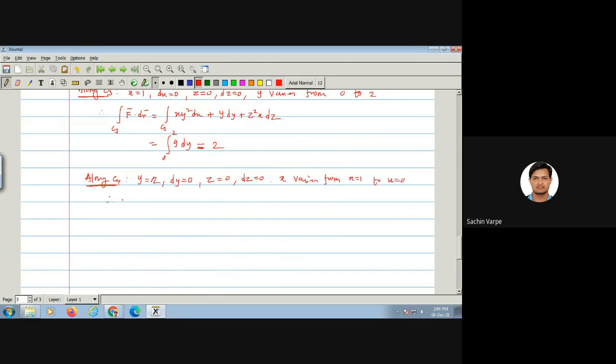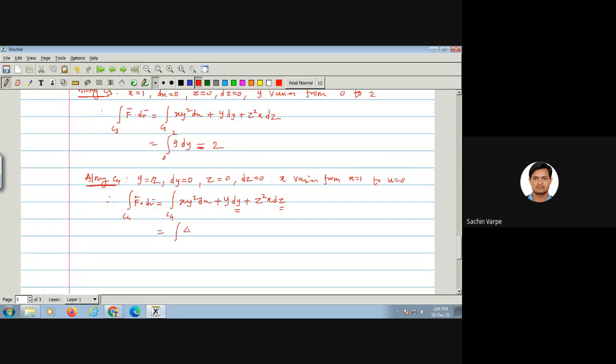So therefore, the integration along C4 of f bar dot dr bar will be equal to the integration of f1 dx plus f2 dy plus f3 dz over C4. But along C4, dy is 0, dz is 0 and y equals 2 there. So when we substitute y equal to 2, we get y square, that is 4.